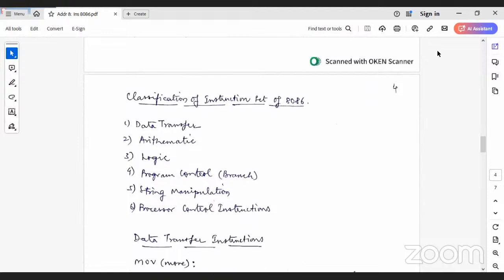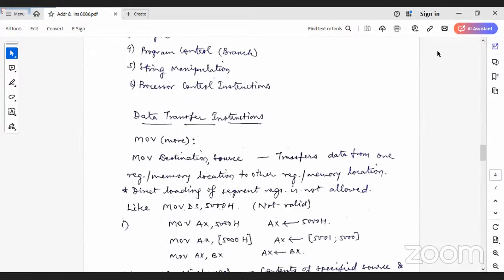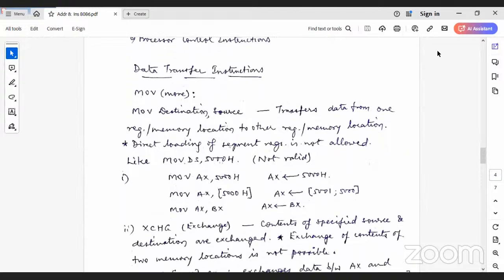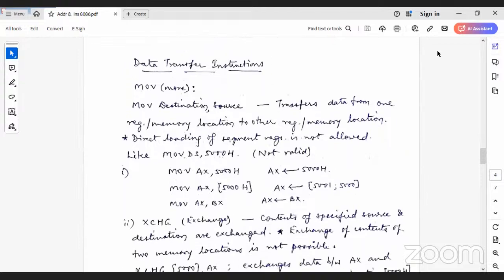This group of instructions, that is data transfer, arithmetic, logic, are the same as you see in the 8085 processor and the 8086 processor, except that the way you denote the registers is different in both cases. Although I am giving you the different types of instruction in data transfer, in the exam they may ask you to explain a few data transfer type of instructions in either 8085 or 8086.